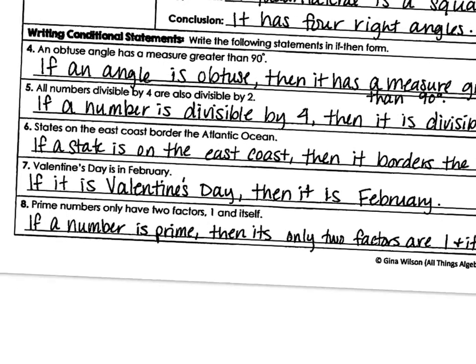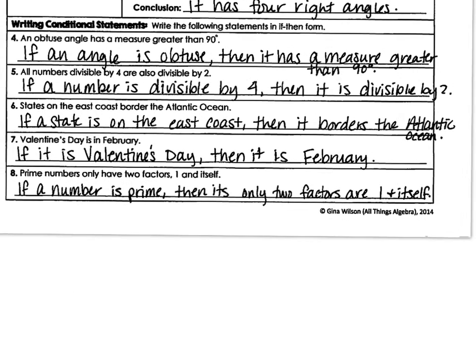So numbers 4 through 8, we're going to write conditional statements, and we're going to write them in the if-then form. So we're given a statement: an obtuse angle has a measure greater than 90 degrees. I want to write this as an if-then statement.